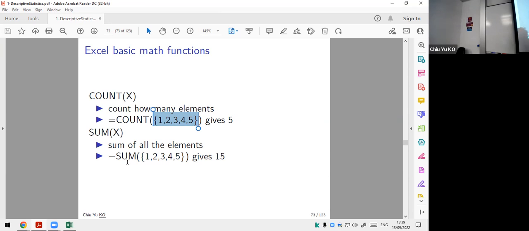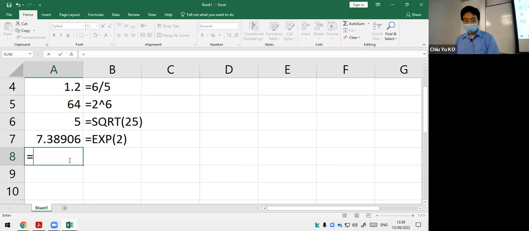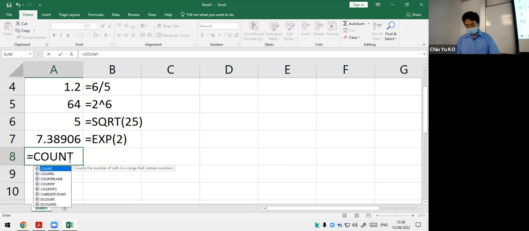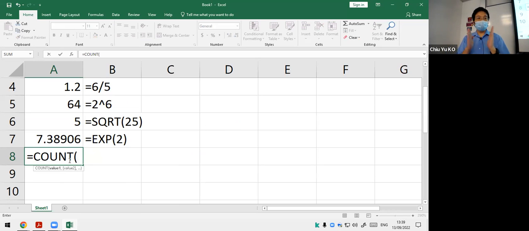Let's try to do it here. We do a count, and then we open bracket, starting to do our function. Remember how we do Excel when we try to input data? Curly bracket. We have to input all the data. So 1, 2, 3, 4, 5, and then close the curly bracket.